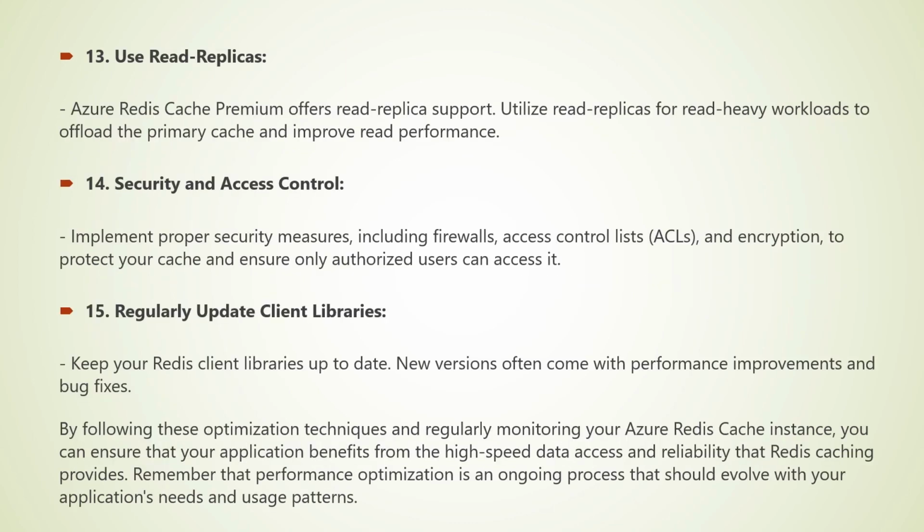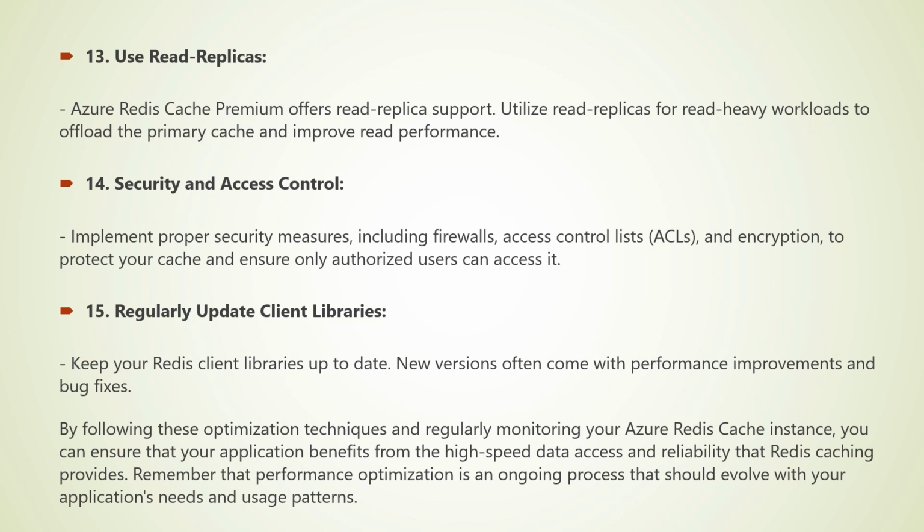Use read replicas. Azure Redis Cache Premium offers read replica support. Utilize read replicas for read-heavy workloads to offload the primary cache and improve read performance. Security and access control. Implement proper security measures, including firewalls, access control lists (ACLs), and encryption to protect your cache and ensure only authorized users can access it.